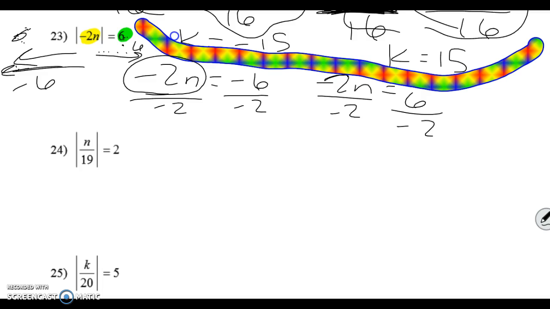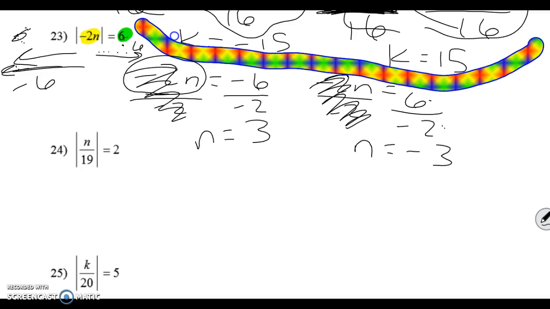So we cancel here, so n is going to be negative 6 divided by negative 2. My answer is 3. And on the right, we have negative 2n over negative 2. That will cancel, so n equals 6 over negative 2, which is negative 3. Those are my two answers.